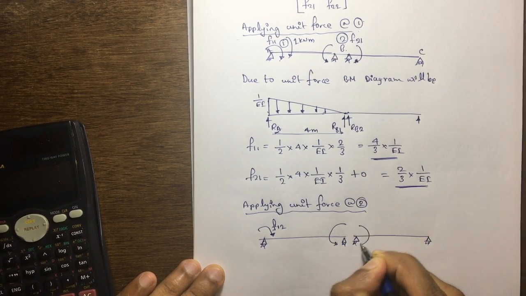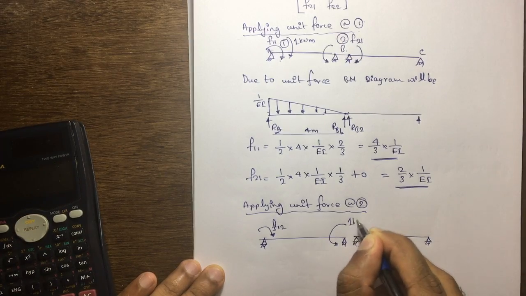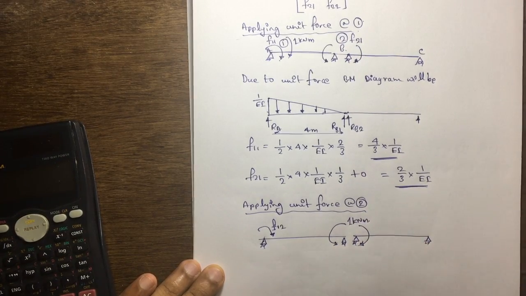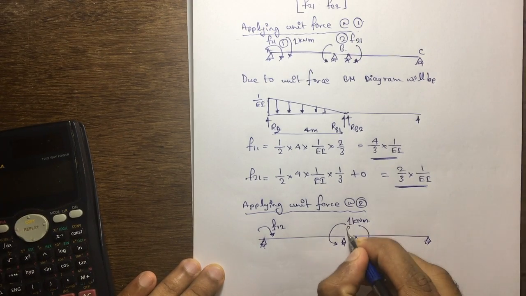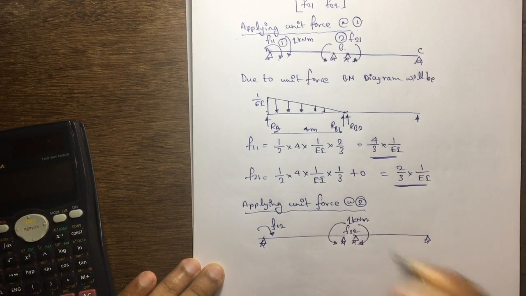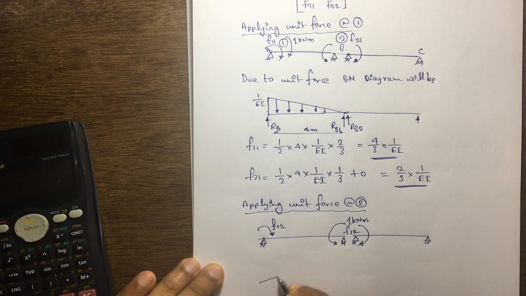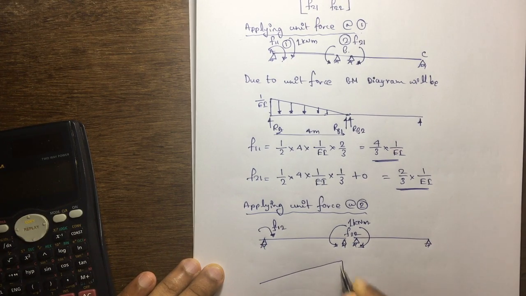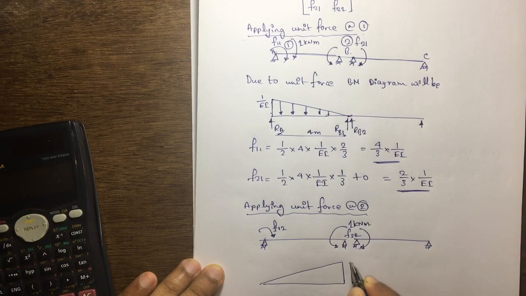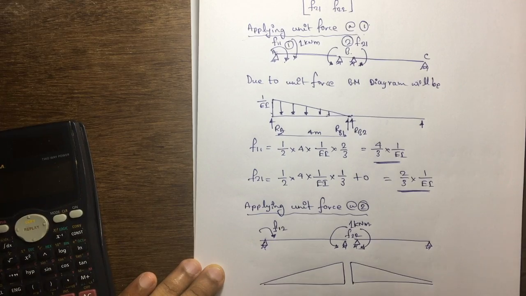At the same time we have to apply 1 kilonewton meter here at coordinate 2, that is F22. If I apply these, our bending moment diagram will be like this. I am applying 1 kilonewton meter here, and at the same time 1 kilonewton meter on the other beam also.